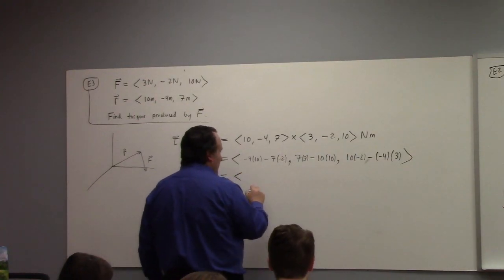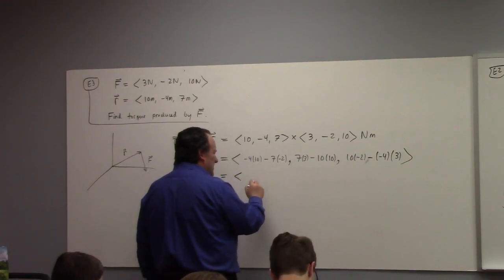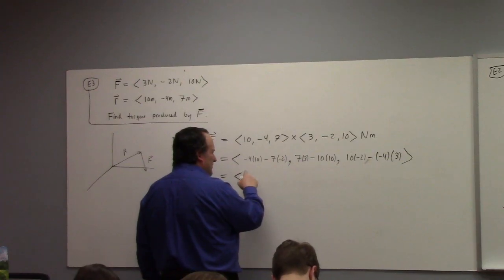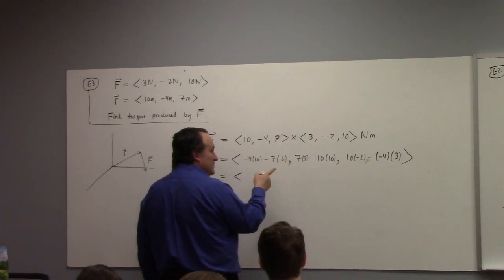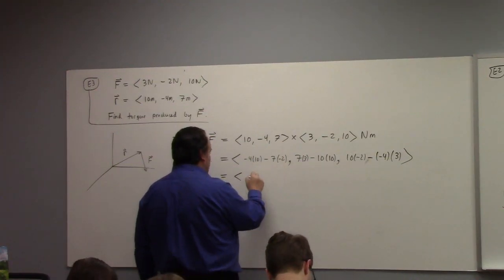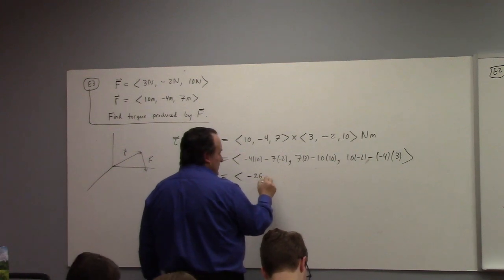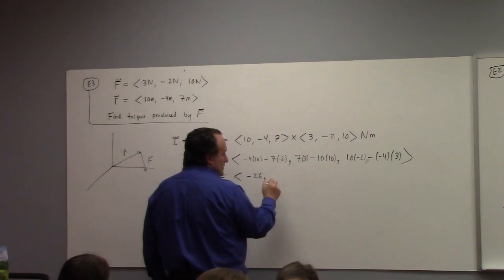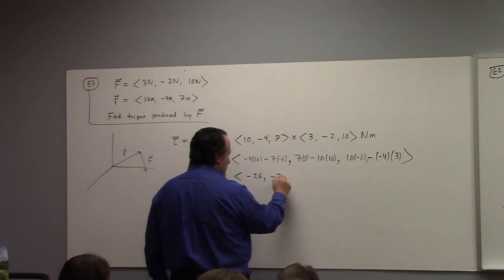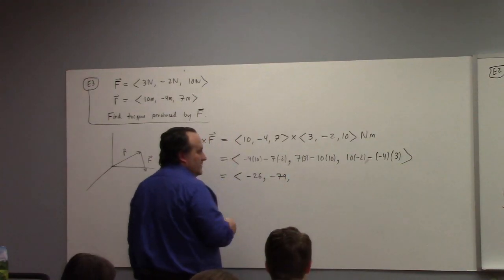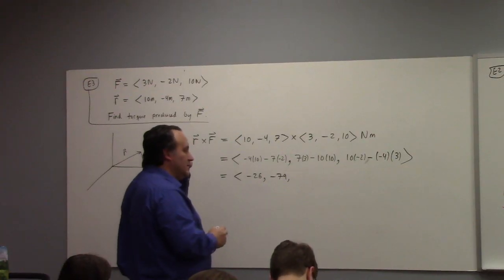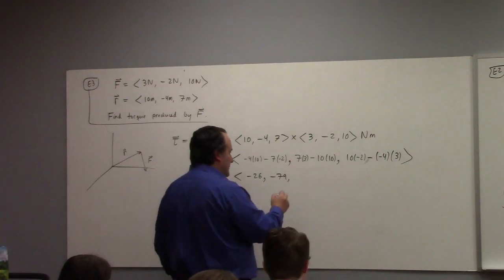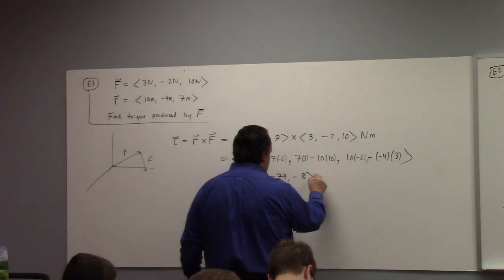Cleaning it up a bit, that is minus 40 plus 14, minus 26, minus 79, and minus 8, of course, Newton meters.